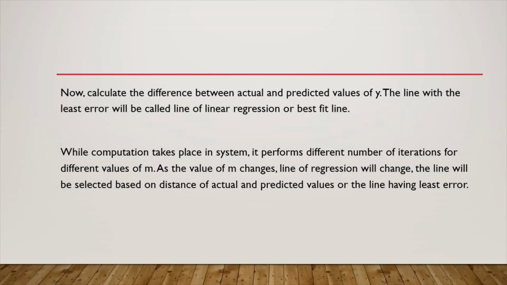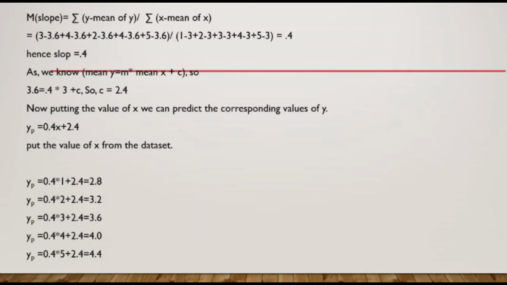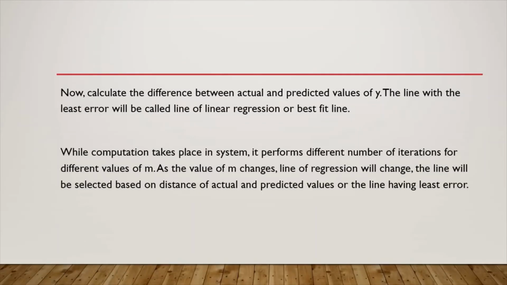We have calculated the predicted value of y based on the existing value of x. So we have the actual value of y from the data set and the predicted value of y that we have just calculated. So we need to find the difference between the predicted value and the actual value that exists in the data set.